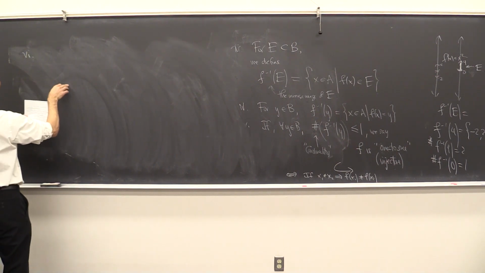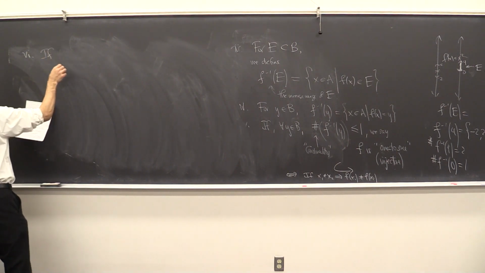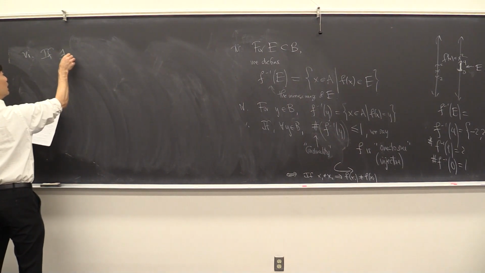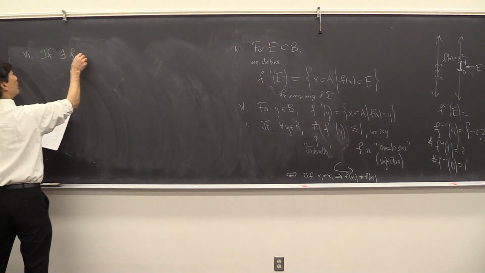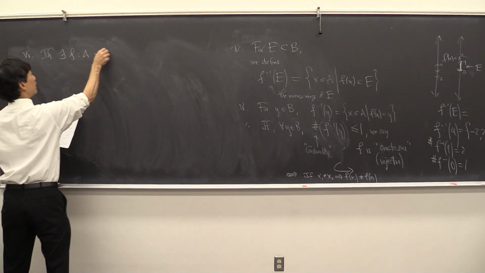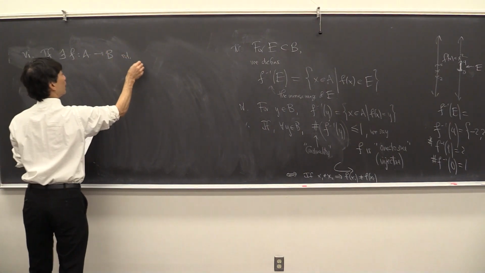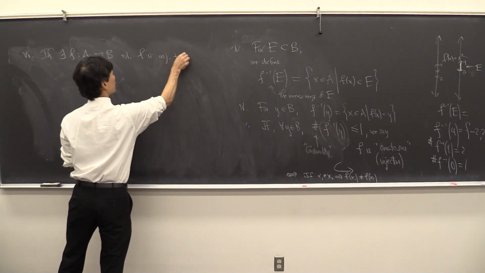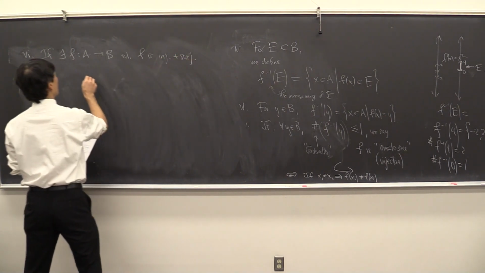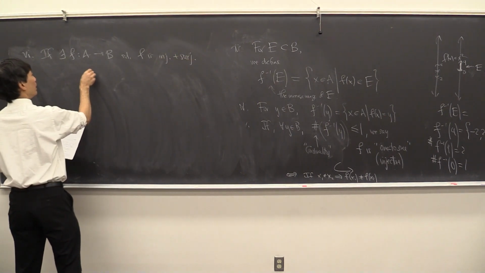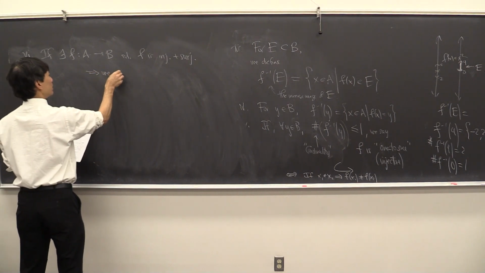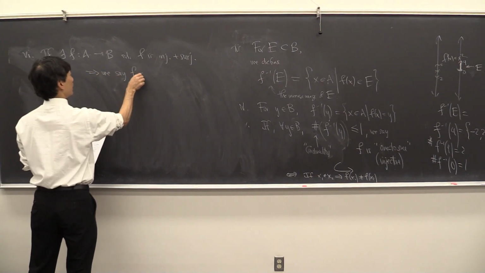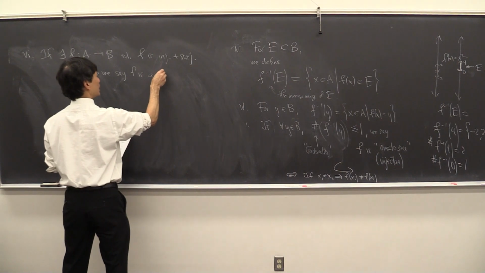More definitions. If there exists an f going from A to B such that f is injective and surjective, then we say f is a bijection.